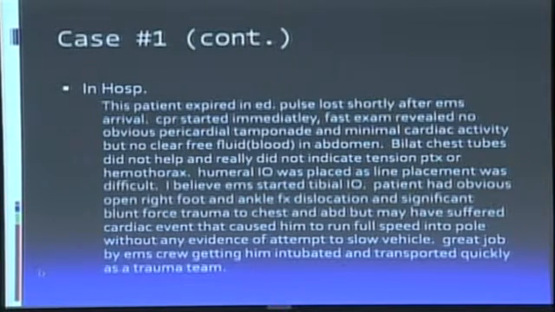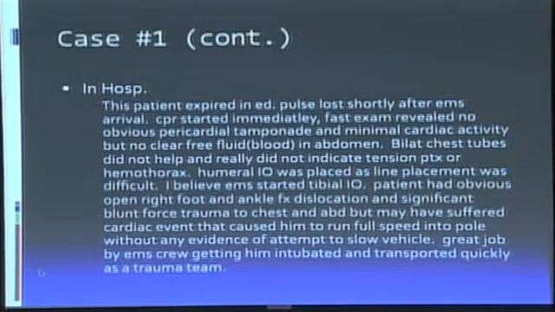CPR was started immediately, although this was technically a blunt trauma arrest. A FAST exam, which is basically our focused assessment with sonography and trauma evaluation. So we take an ultrasound probe and look initially at the heart to see if there's any evidence of cardiac activity, and also tamponade that would be a cause of the arrest.